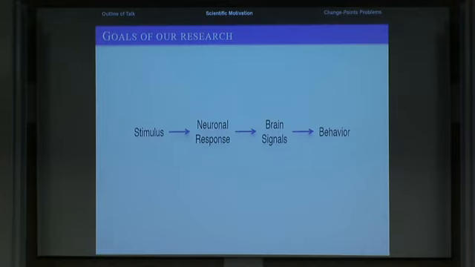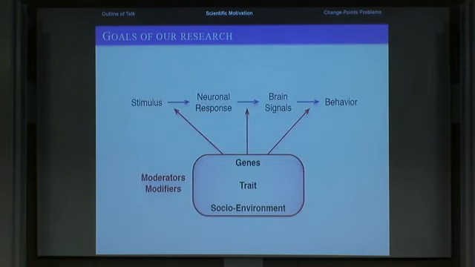And these signals also typically map onto behavior, how you respond to the stimulus. Now, these different arrows here might actually be modified or moderated depending on a number of things: genetic factors, trait, social environment. So how a stimulus affects the neuronal response may be modified or moderated by some of these things.